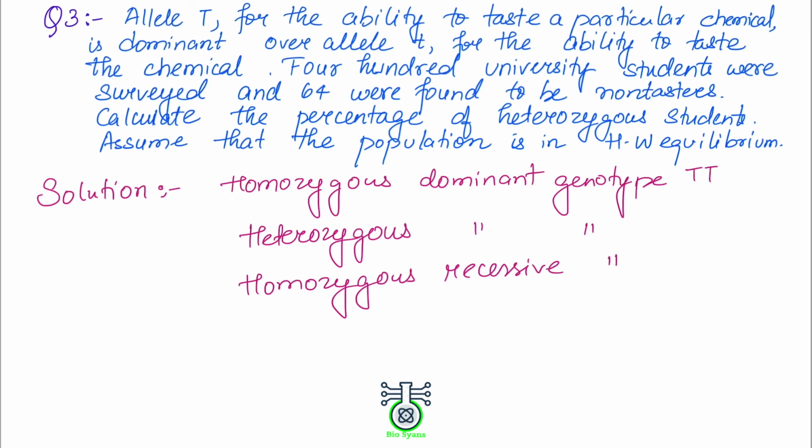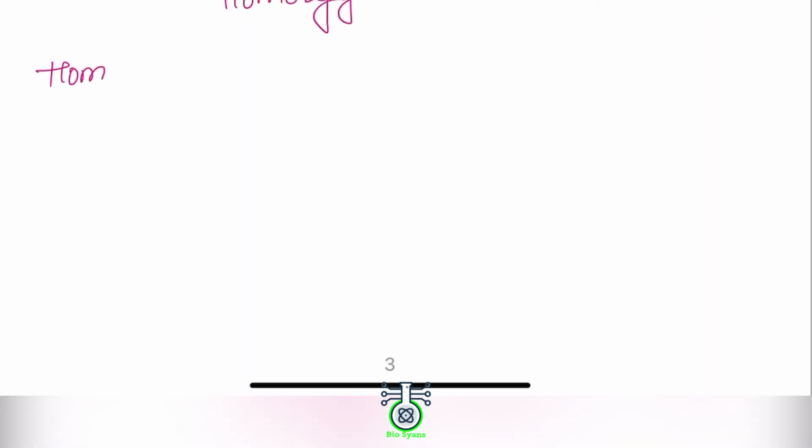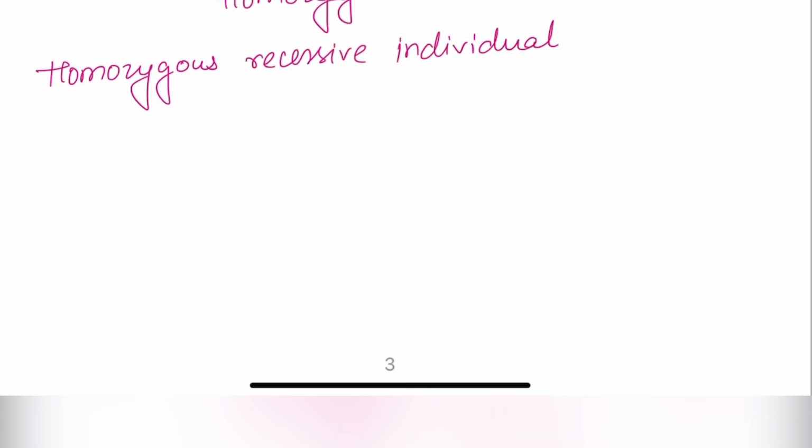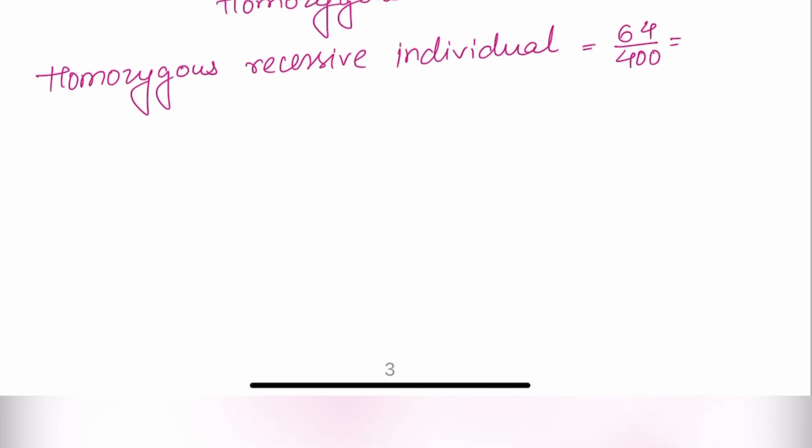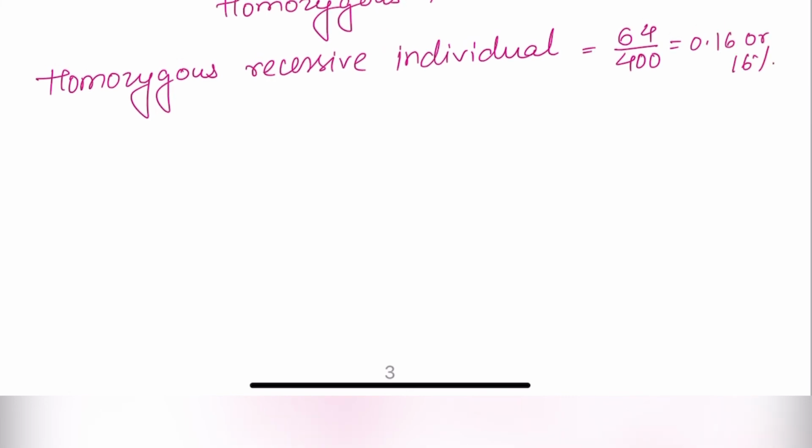In this question, the homozygous dominant genotype is represented as capital T capital T, the heterozygous genotype as capital T small t, and the homozygous recessive genotype as small t small t. When we solve the question, the homozygous recessive proportion is 64 by 400, which is equal to 0.16. We can directly use the formula we already used in our first question; you can go and check it out again.